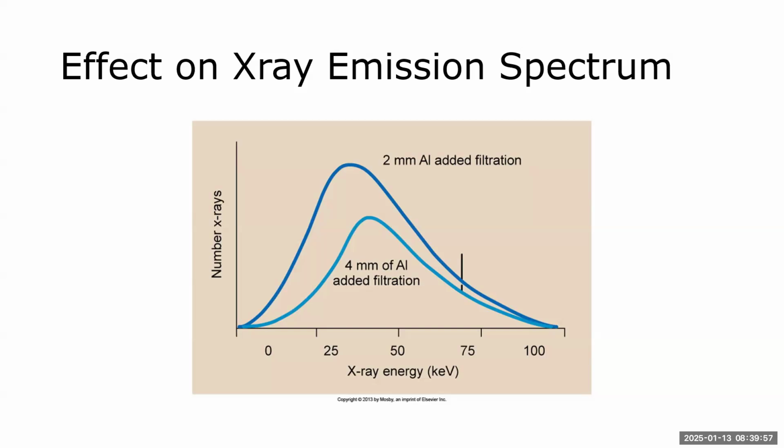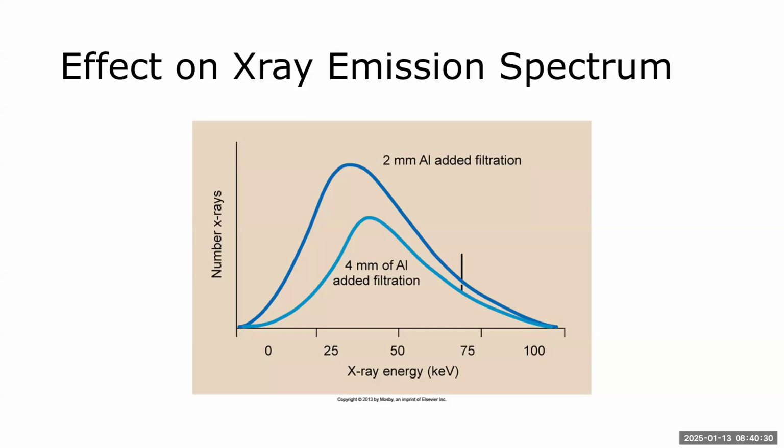If I drew a line from here down to here for 2 millimeters. And now for 4 millimeters, I draw a line from here down to here. Which way did the spectrum shift? Left or right? To the right. So if it shifted to the right, what happened to the quality of the beam? Did it increase or decrease?